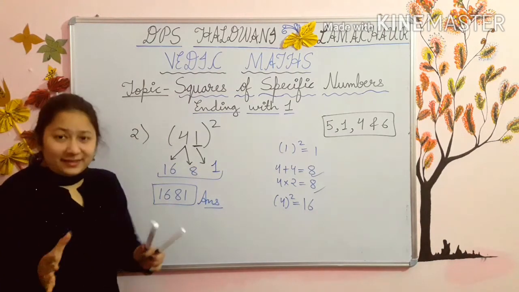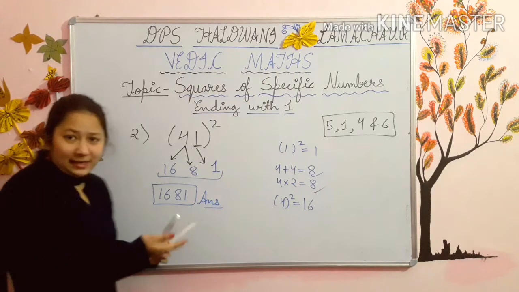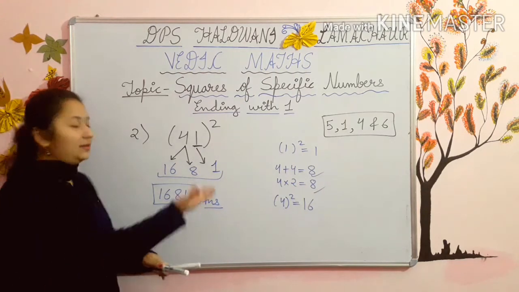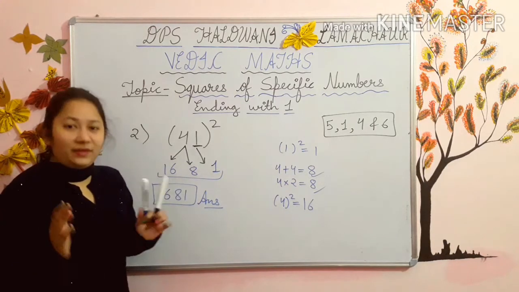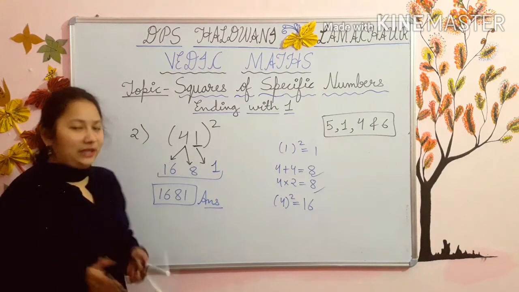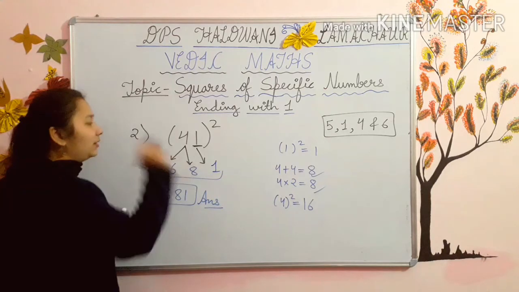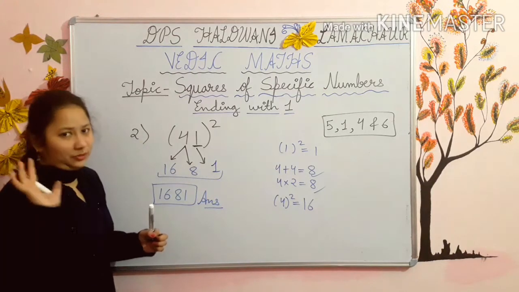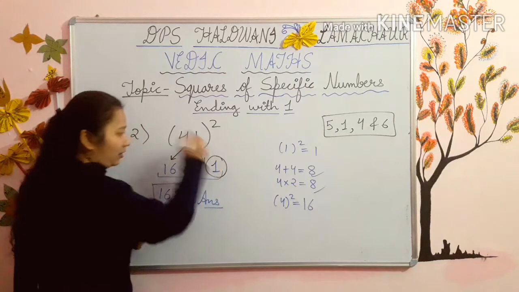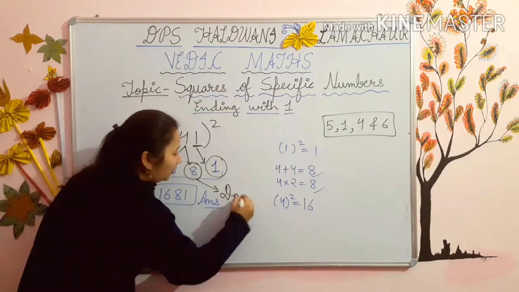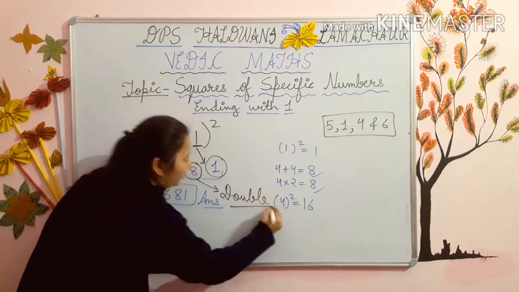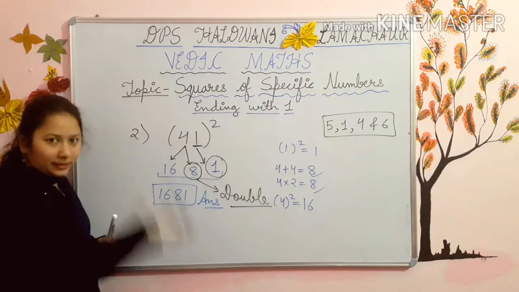See how easily in some seconds you have found the answer of this square. Really kids, it's a very easy and faster way to find the squares. The main thing is you have to know the trick. The last is the square of 1. Then double, means we have doubled the number.